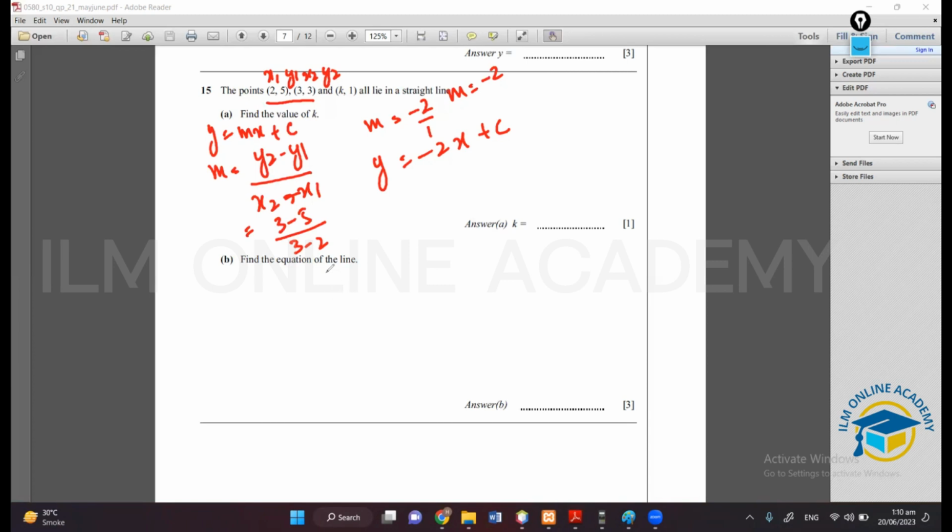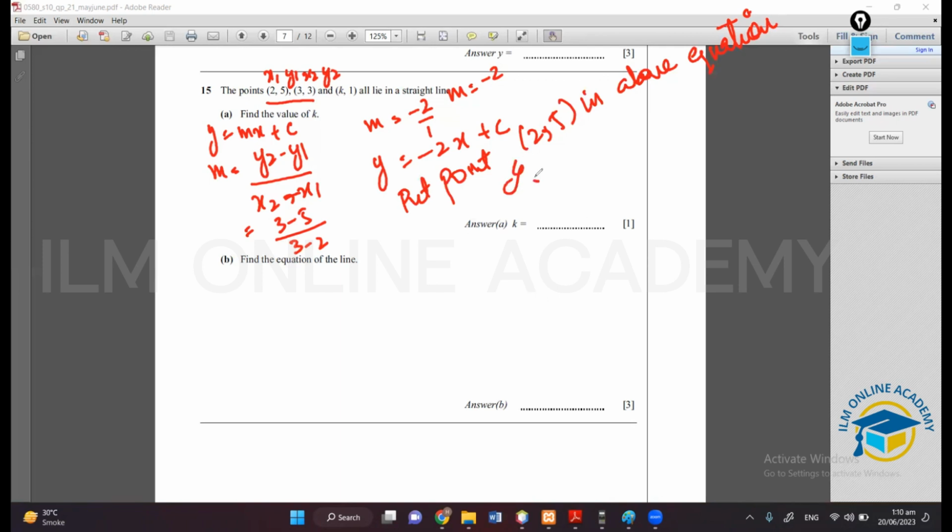Okay, now then what we have to do is we have to find c also. So what we have to do is put point 2, 5 in the above equation.